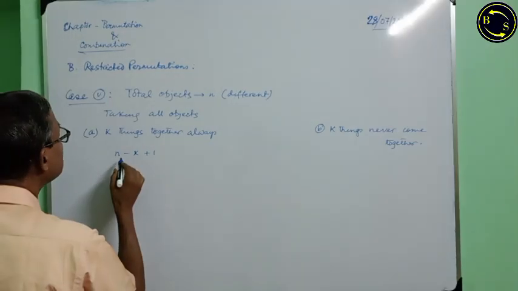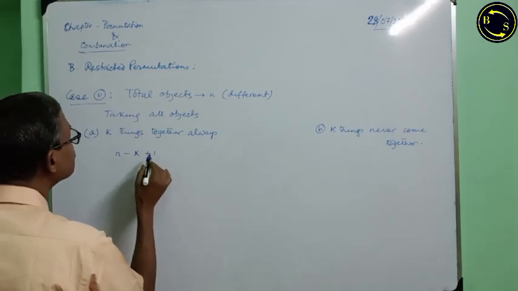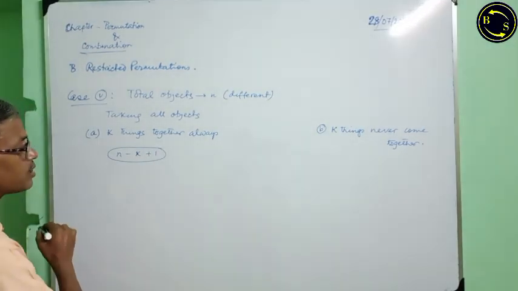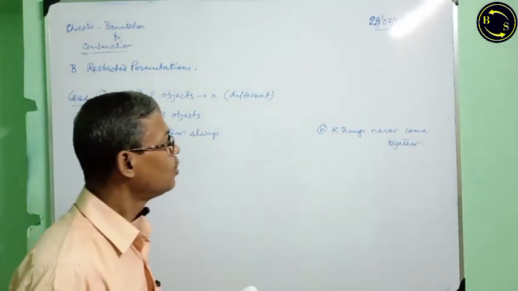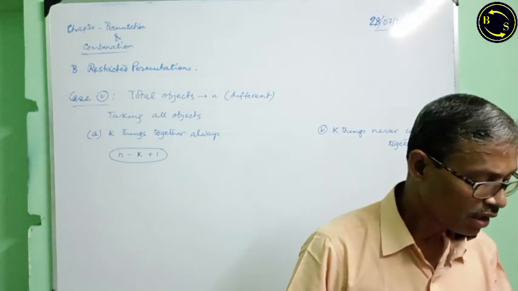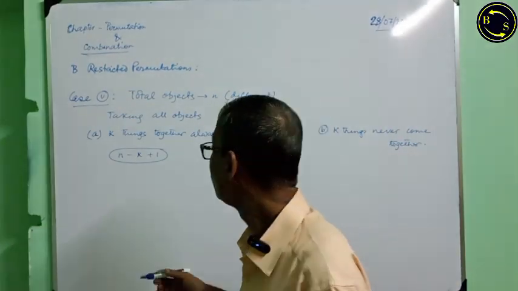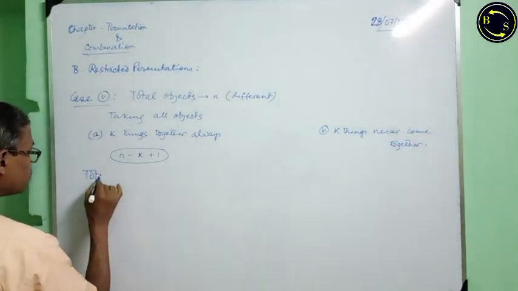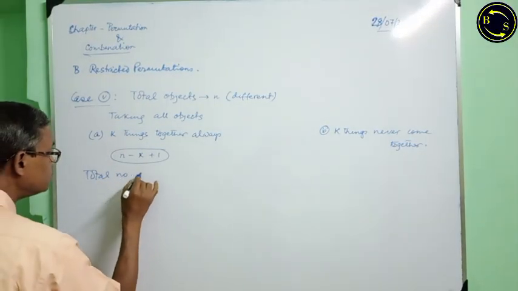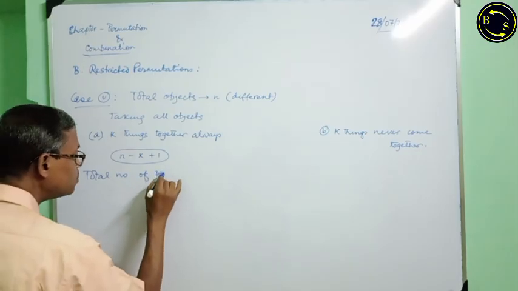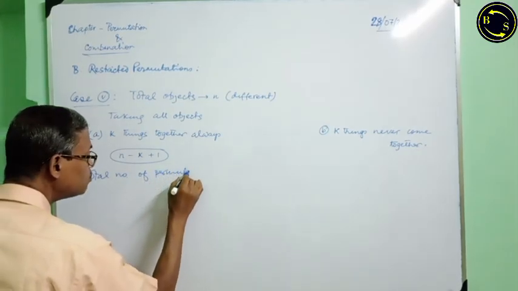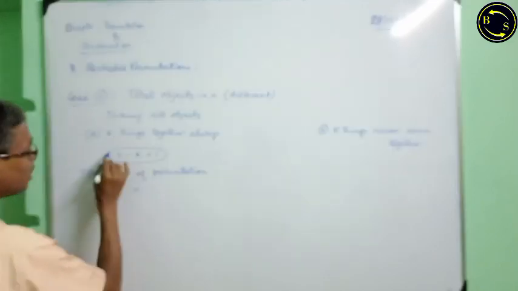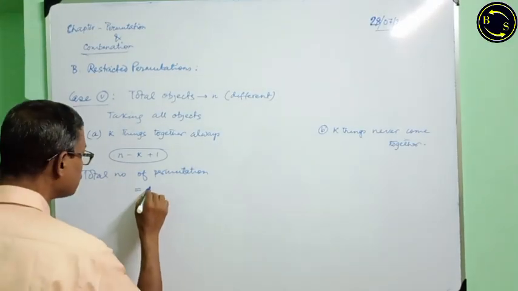Therefore, we get n minus k plus 1 objects. Those are to be permuted. In that case, the total number of permutations, these are to be permuted first.